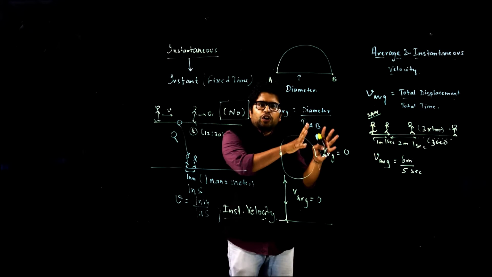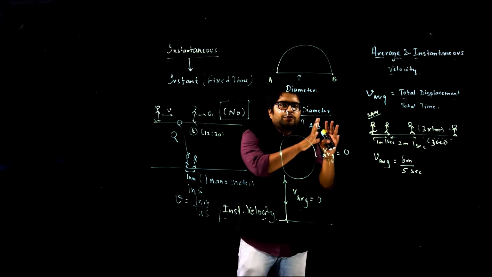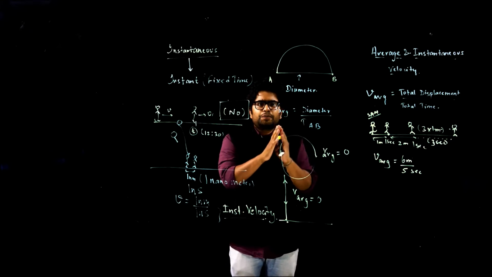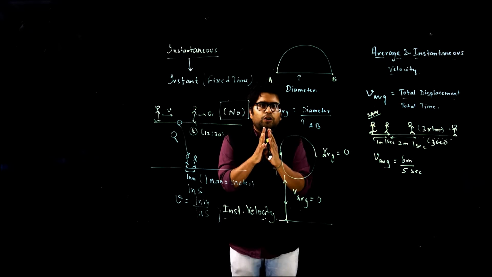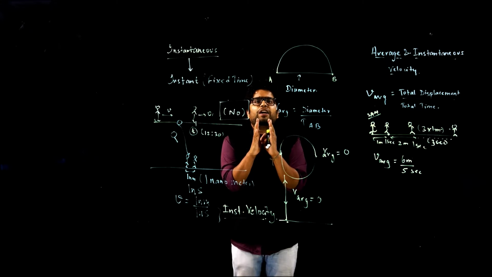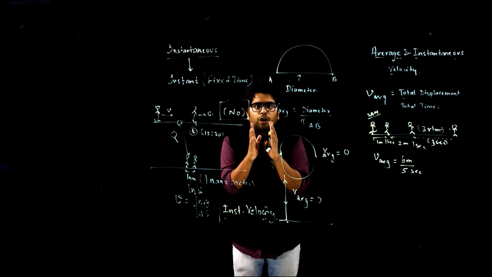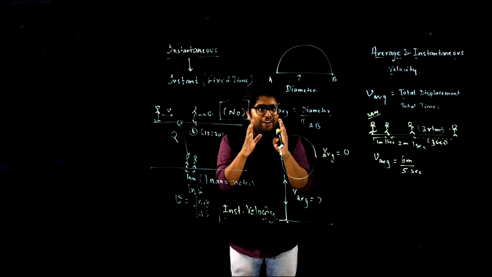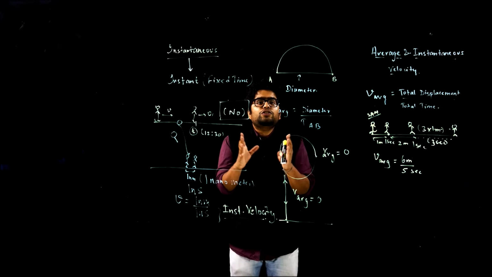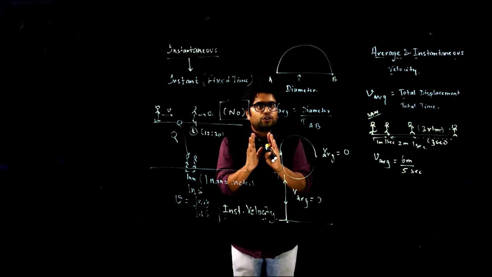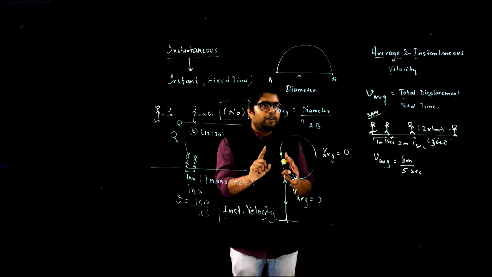When in average velocity the displacement becomes really small, such that the distance between those 2 points becomes 0, is that the correct statement? No, it's not, because it does not become 0, it tends to become 0. It will seem as if it's becoming 0, but it is not 0. Keep that in mind.